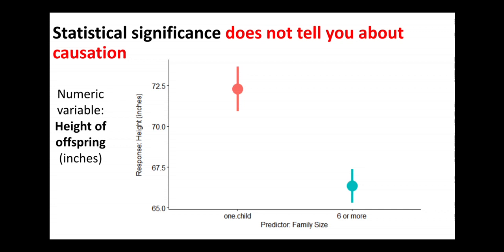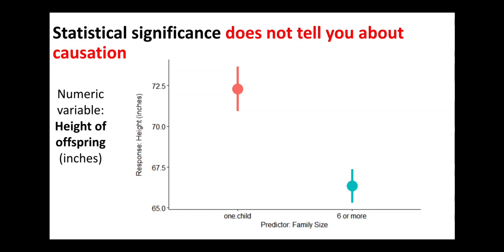Additionally, and similarly, statistical significance doesn't tell you about causation. It doesn't tell you exactly what is causing this. I'm proposing that maybe it's the amount of resources that each family had available to divide among their children, but there could be other reasons. Perhaps children in larger families are working on farms, and working harder causes you to be shorter.